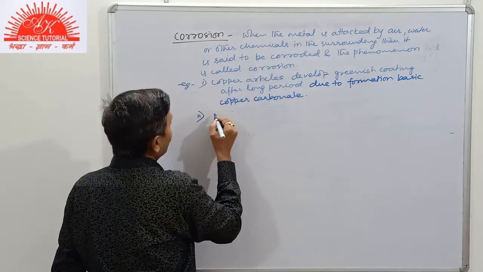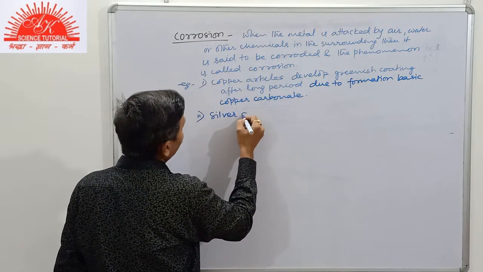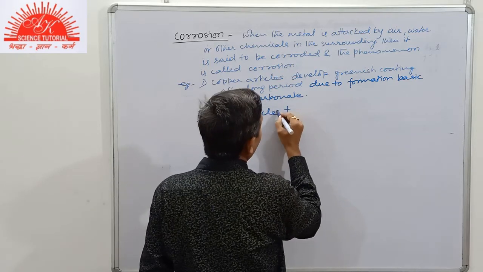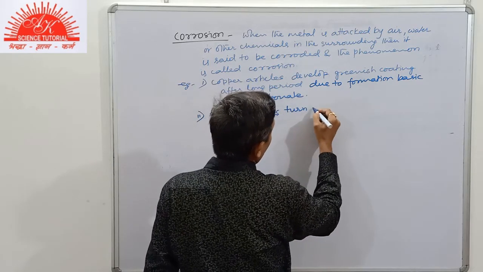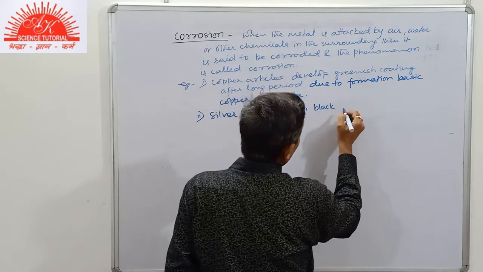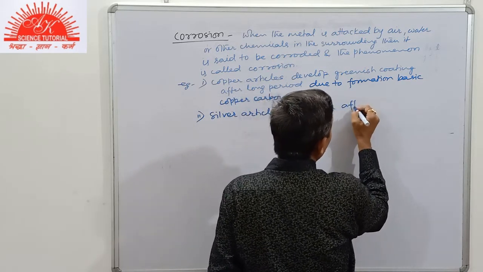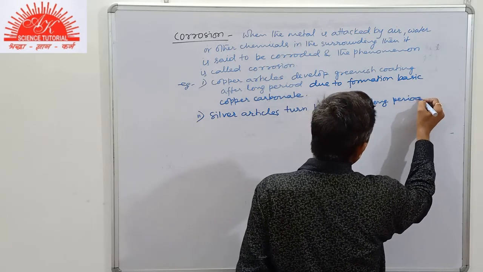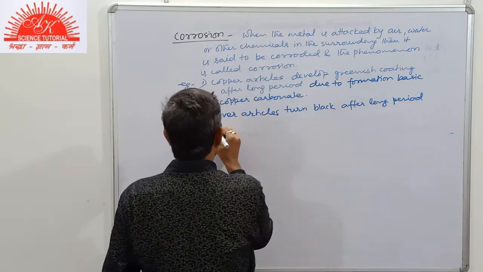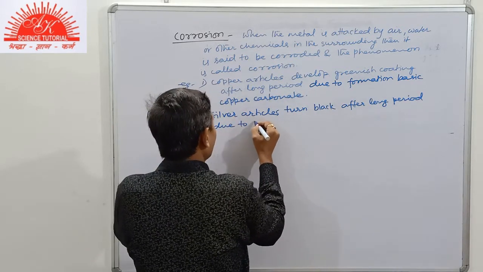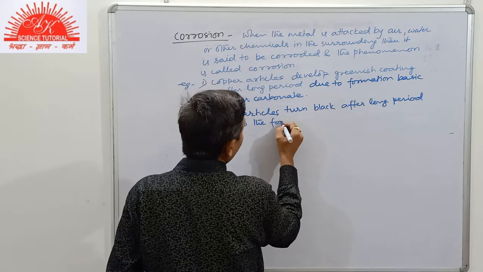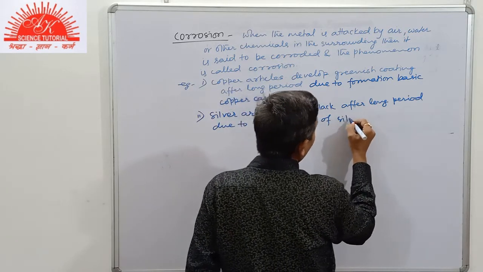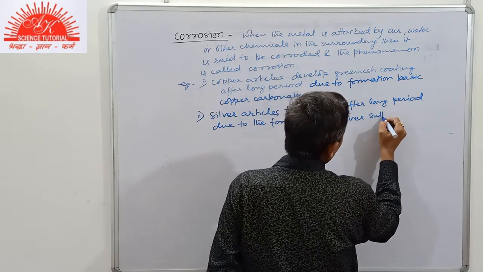Similarly, we see that silver articles turn black after a long period due to the formation of silver sulfide.